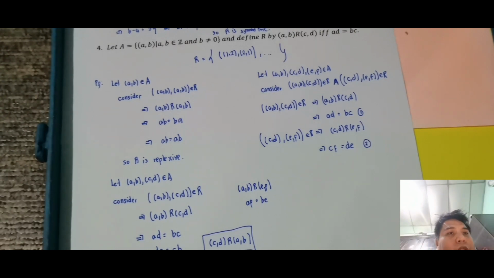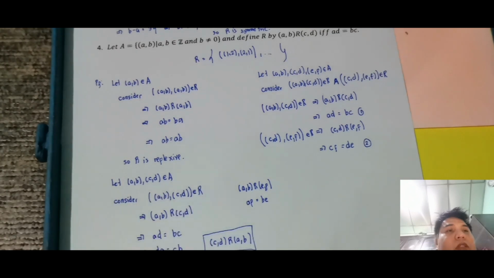So, paano tayo magkakaroon ng AF? Kunyari, si D. Ang goal kasi natin kailangan maging AF is equal to BE. Okay, so check ko lang ha. Ang goal ko, kailangan matabi ko si DE.